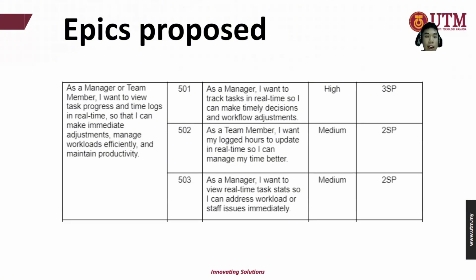And then next we have Epic 5, where we created a task progress view and time logs in real time so that managers or team members can make immediate adjustments, manage their workload efficiently, and maintain productivity.